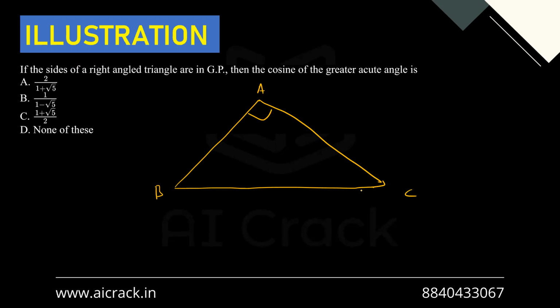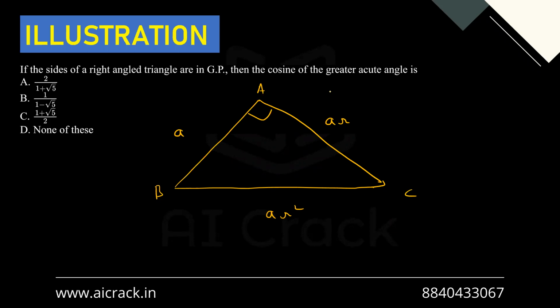If r is greater than 1, then these two sides would be smaller, and this would be the largest one, which would be ar square. Let's say this is a and this is ar. So this is the least, this is the second largest, and this is the largest, right?